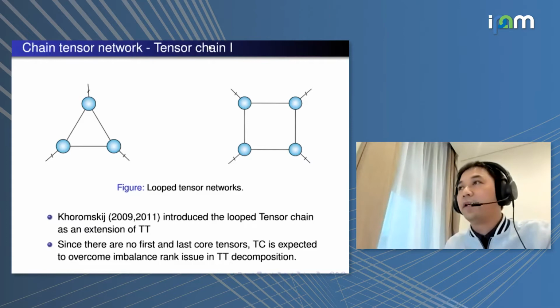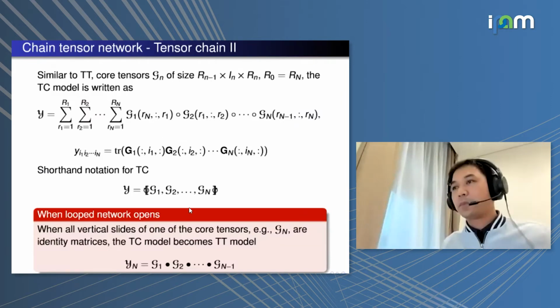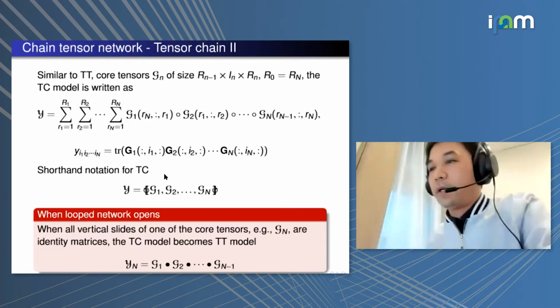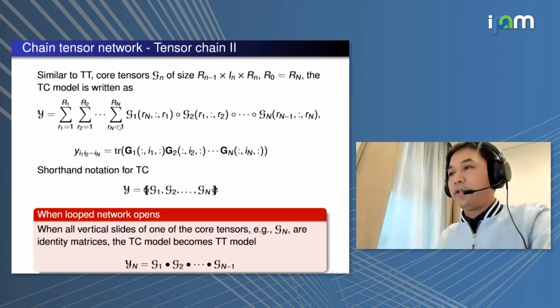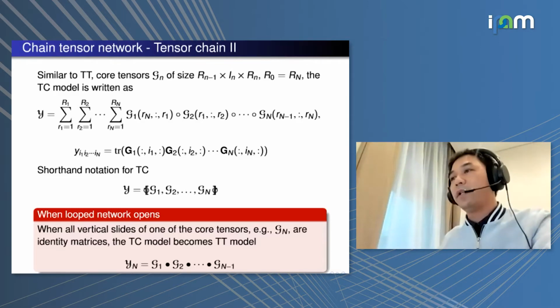Very clever idea. But then, no model is perfect. What is the problem with this model? So okay, let's first go to the definition of the model. We can draw something similar to the tensor train model. You can see here the outer product of the fiber taken from the first core tensor, then the fiber from the second core tensor, to the last core tensor.